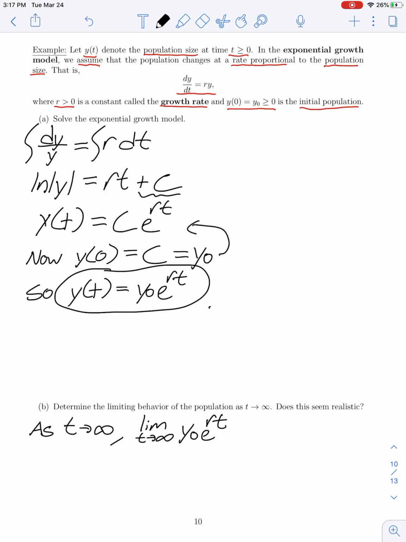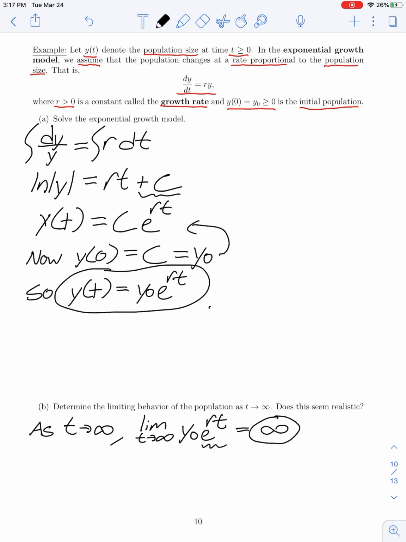Now in this problem, we were assuming that r was a positive constant, which means that this e to the rt term will increase without bound. And what we're finding is that our population size is becoming unboundedly large. The population size is approaching infinity.